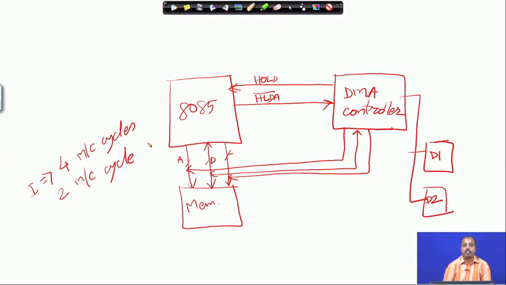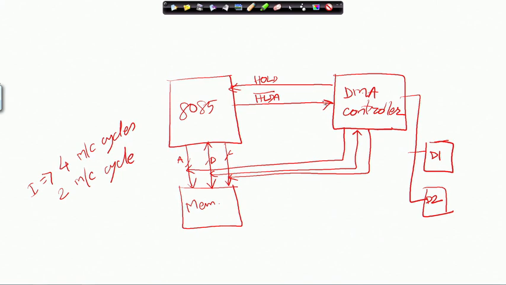The processor will immediately suspend its operation. Okay. If it is going to accept that hold request, it will suspend its operation, send the hold acknowledge signal to the DMA controller, and release the control of these buses. So, the processor will no more control these buses. Now we can understand that the processor cannot do any memory read write operations. Okay. So, the buses are released.